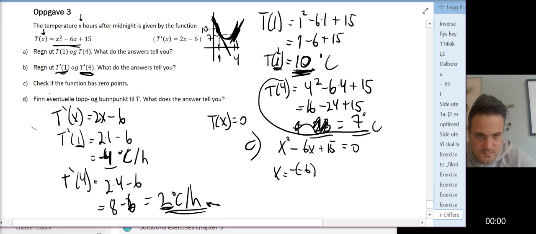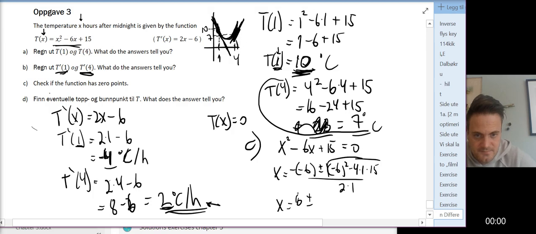Then I will get minus b plus minus the square root of b squared minus 4 times a times c, divided by 2 times a. And I get 6 plus minus, and I get 2 here. But under the square root sign, I get 36 minus 60, which is minus 24.